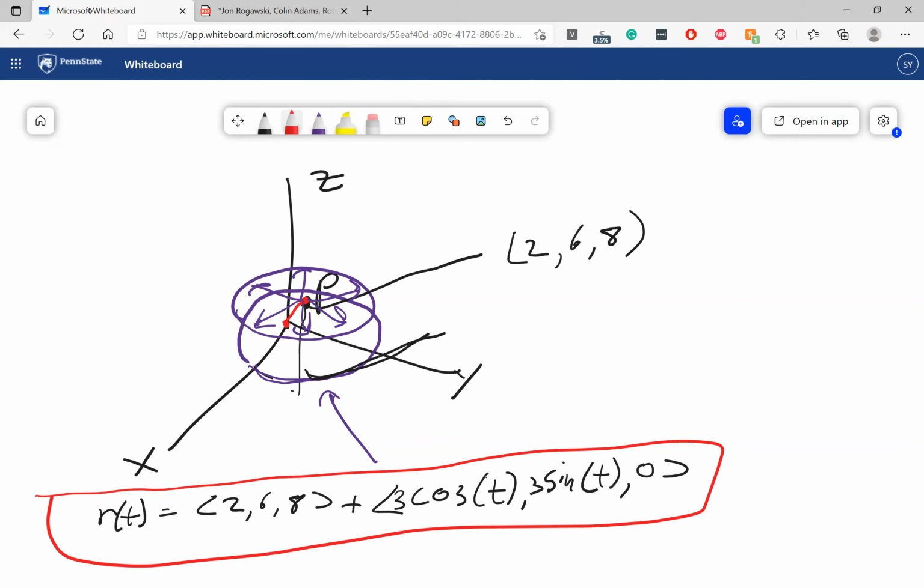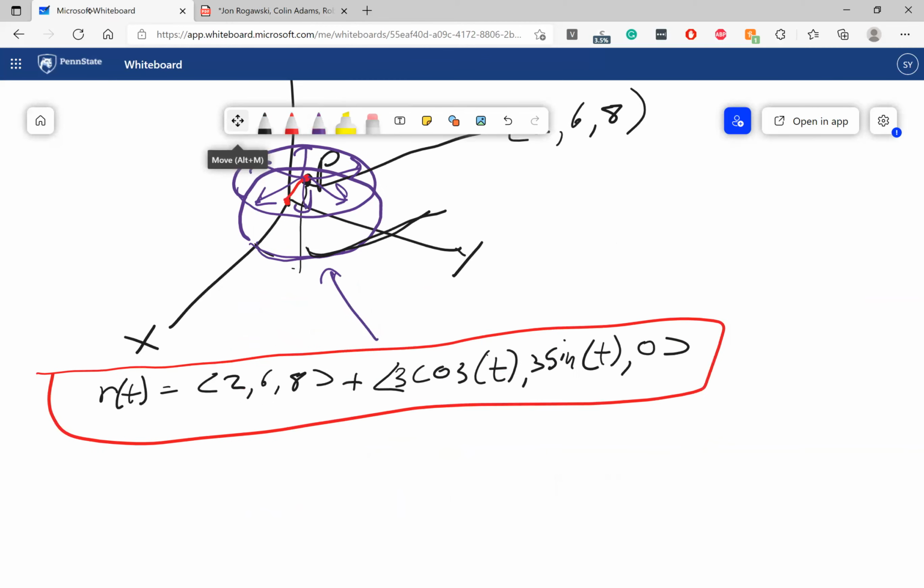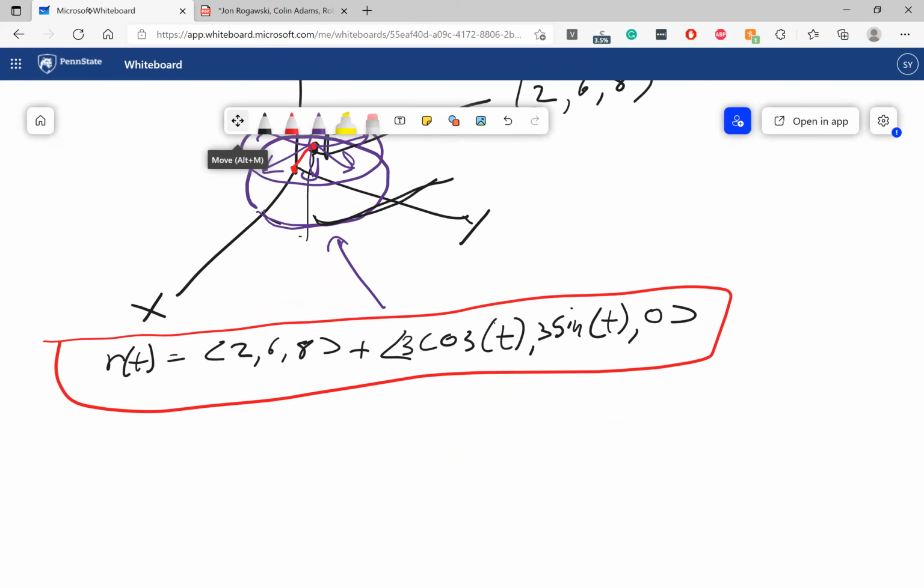The second problem says we want the same circle, but now parallel to the XZ plane. So for the XZ plane, let's begin by having 0 in the Y dimension and putting a cosine of T in the X direction and a sine of T in the Z direction.